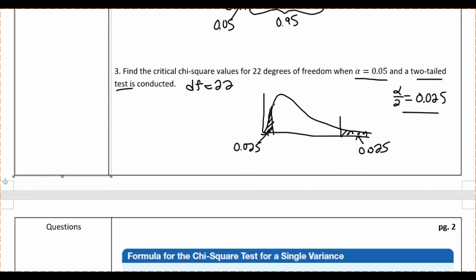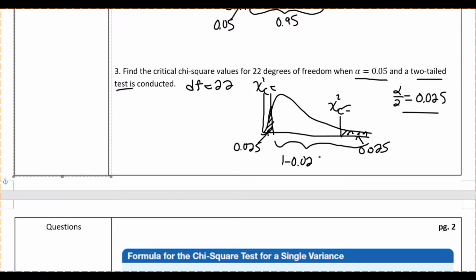So now we're looking for two chi-square values, one on the left, one on the right. If we want to find the chi-square value on this left side, we need to look up the area 1 minus 0.025.